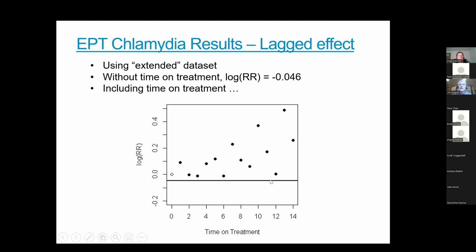This is the estimated effect from the fitted immediate treatment model. So we see exactly that problem I alluded to earlier. The immediate treatment model effect is in the opposite direction of all of the individual time on treatment effects.